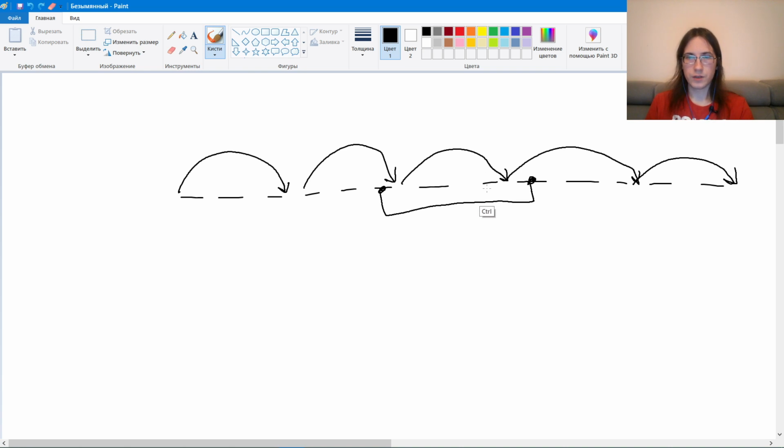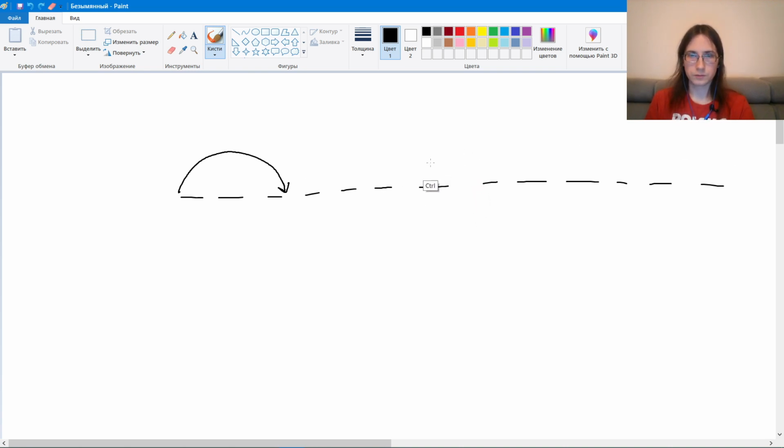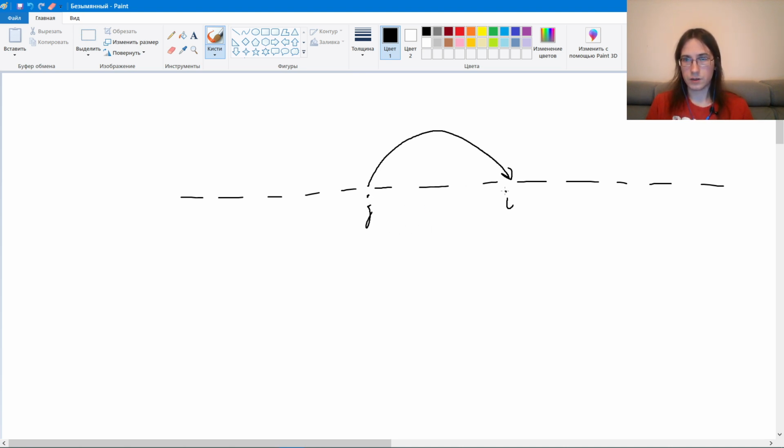So let's say that when we make a jump, the price of a jump from j to i is negative the default of i. So we subtract the default price and instead add the real price.